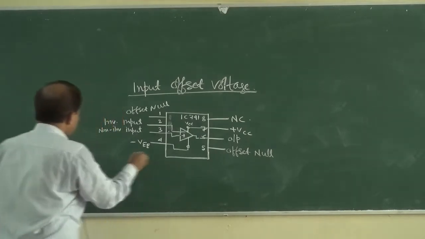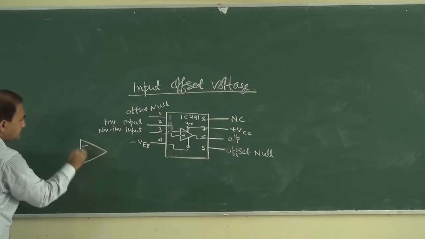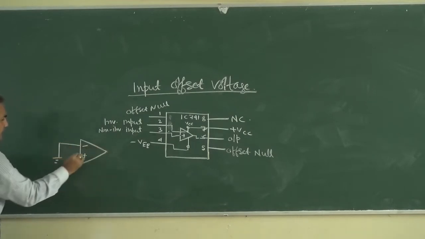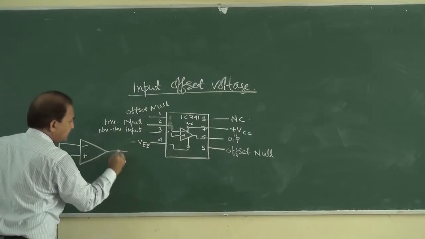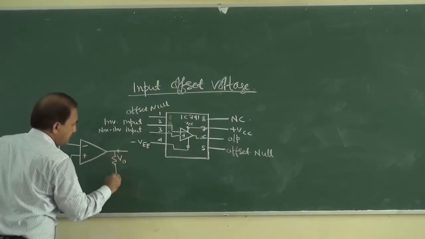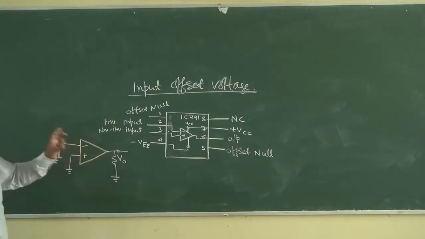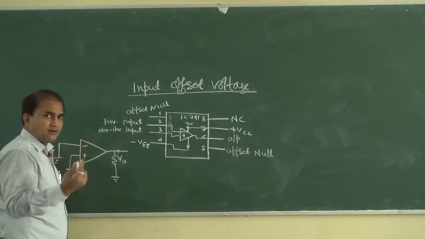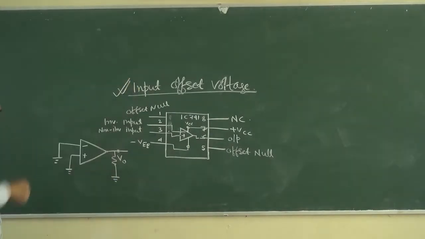Okay, so suppose this is an operational amplifier. If it is connected to ground, then V output in this case should be equal to 0, but sometimes it is not equal to 0. This is because of input offset voltage.